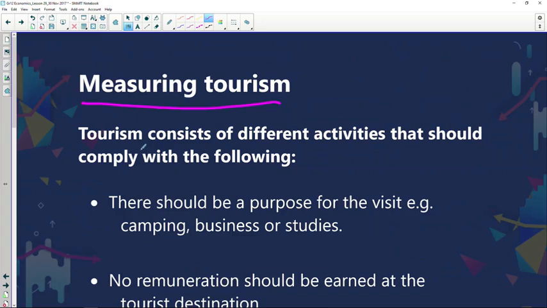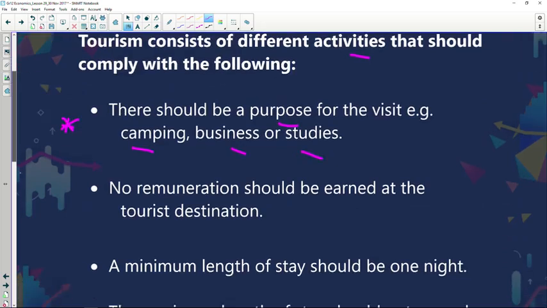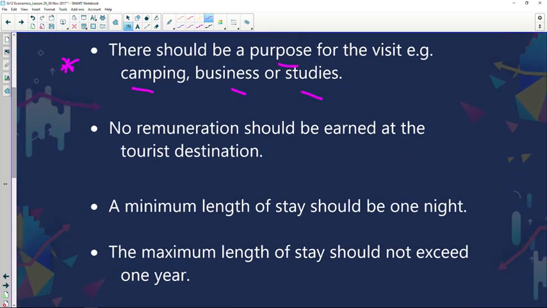So we know that tourism consists of different activities that should comply with the following. So there should be a purpose for the visit. Could be camping, business, or studies. So this needs to be declared so that we can place it under the correct category. Also, there should be no remuneration earned at the tourist destination.